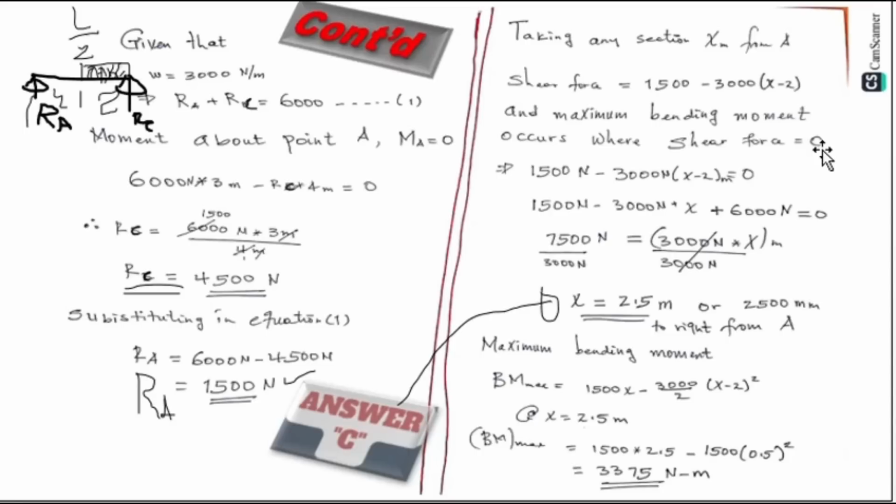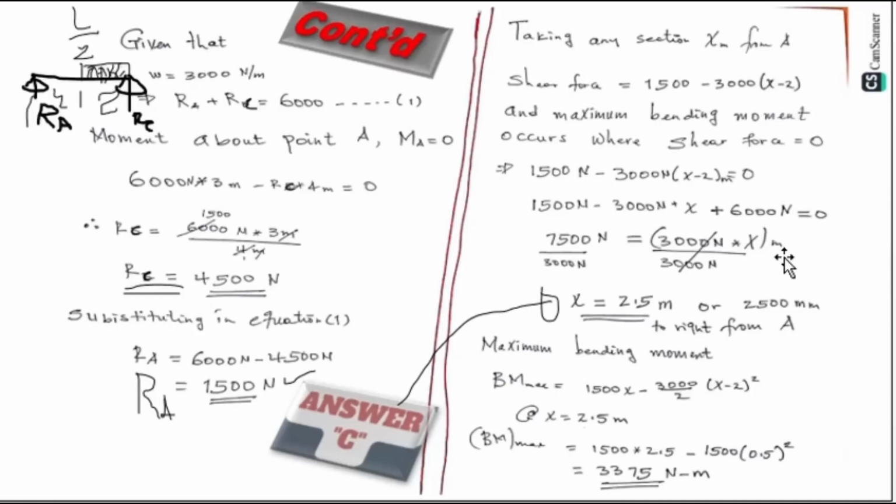When we rearrange the values, here we have 1500 Newton minus 3000 Newton times x plus 6000 Newton, which is equal to 0. When we take the like terms, here we have 1500 and here we have 6000. When we sum up this, it becomes 7500, which is equal to 3000 Newton x.